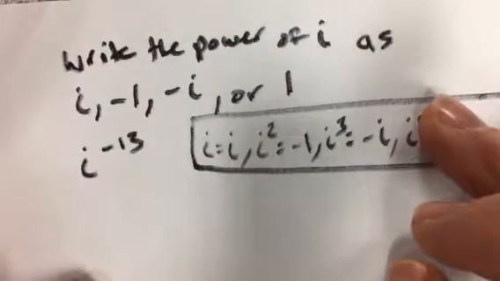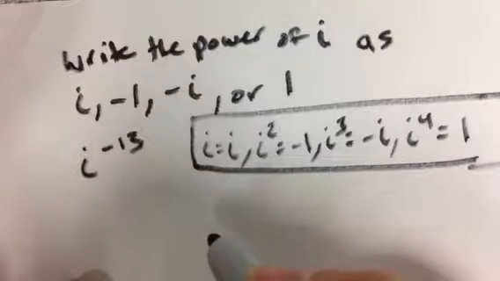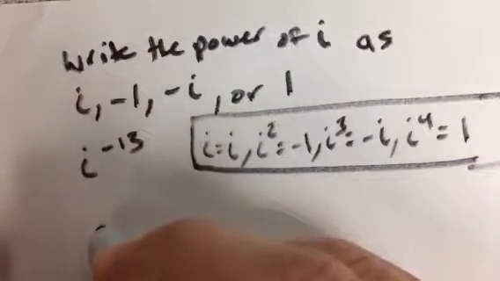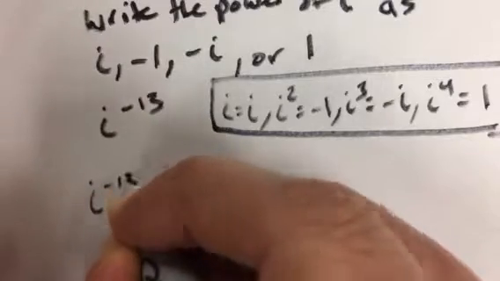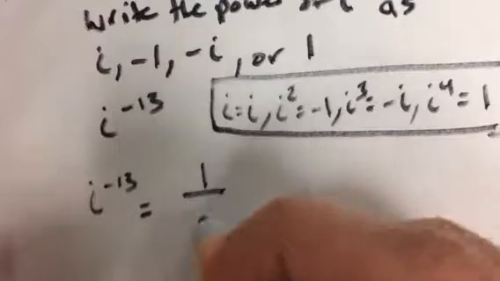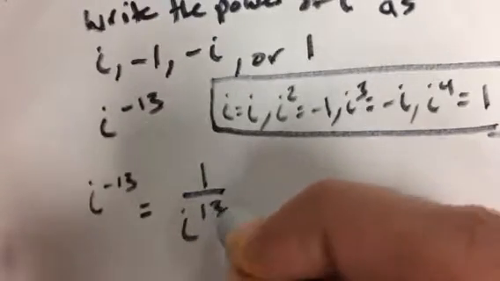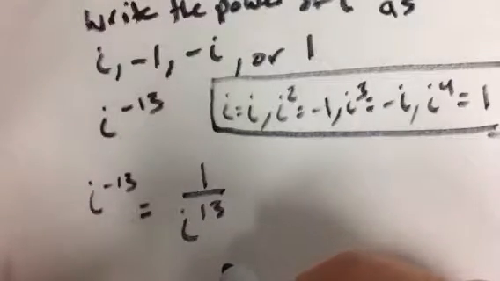So we're going to use this pattern to evaluate higher powers of i by writing the power of i in terms of i to the fourth. We're going to start by writing the expression with a positive exponent. So again, i to the negative 13 with a positive exponent is 1 over i to the 13th. Then we factor out the largest power of i to the fourth from that i to the 13th.